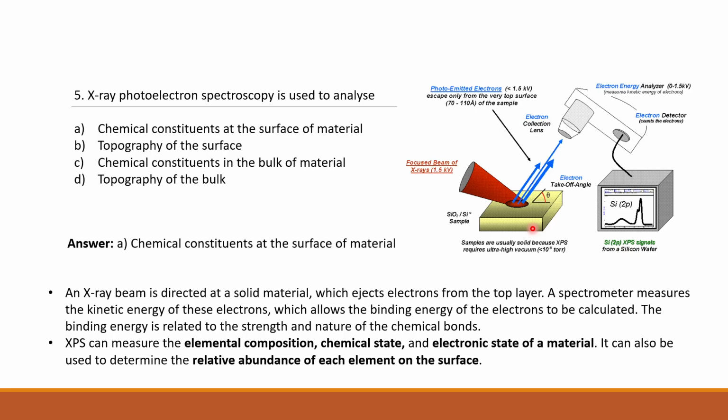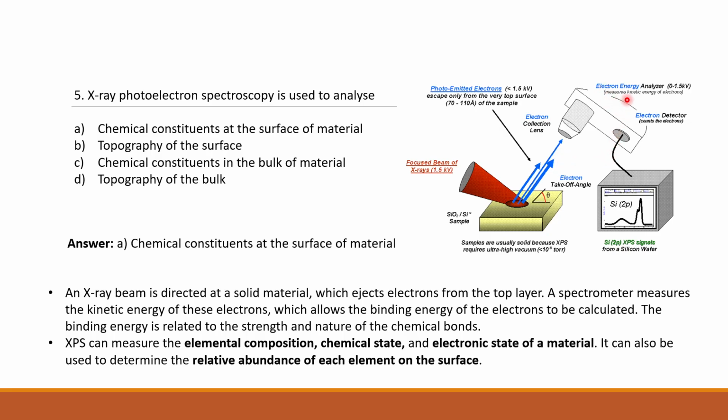But even though you're giving a standard amount of energy, every electron that is ejecting out will have a particular binding energy based on the chemical it is ejected from, based on the chemical bond which has been broken, from which it has come out. So based on that binding energy, it will have one kinetic energy with which it will eject out. That kinetic energy will be measured by this analyzer by collection of the electrons.